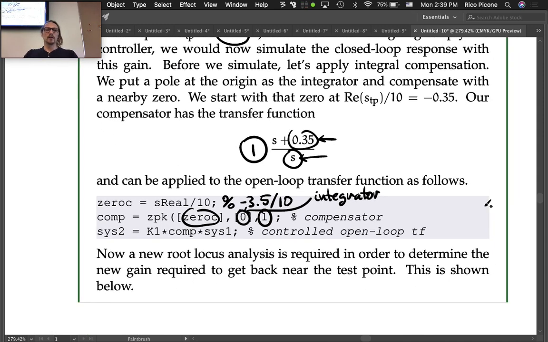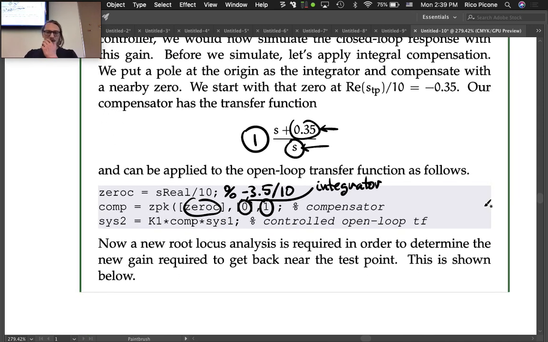And we can now build this composite system 2, okay? We're going to put our original plant, our compensator, and the gain that we designed first, all into one object called sys2.